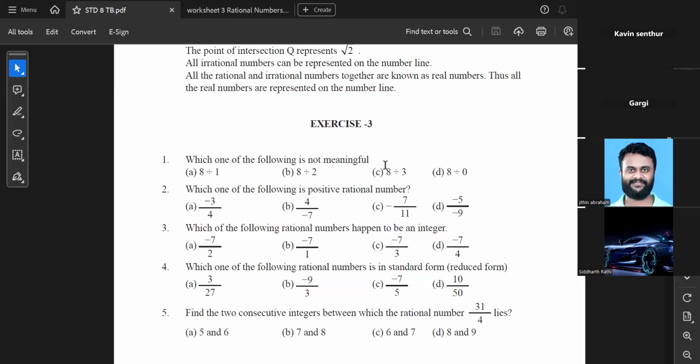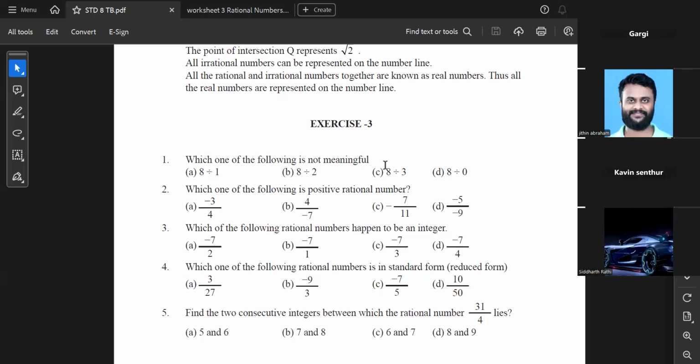Gargi, what's your query? Sir, I can't find the recording link in the group. You couldn't find the recording for what? For all the classes. I missed a few of the classes. Okay, the recording link is already shared with Ajinkya sir. You can just drop a message to Ajinkya sir stating that you could not get the recording link.